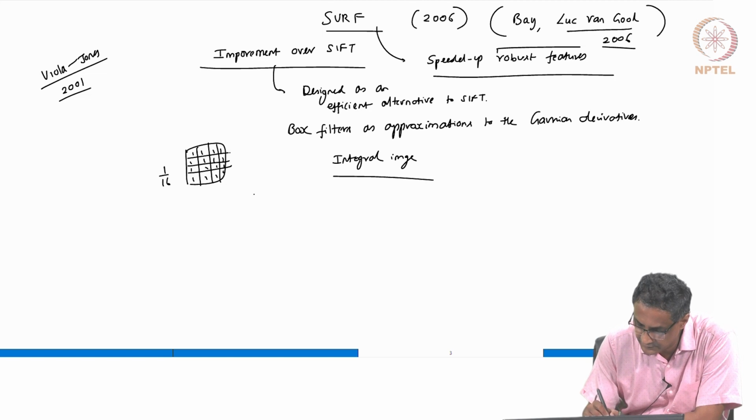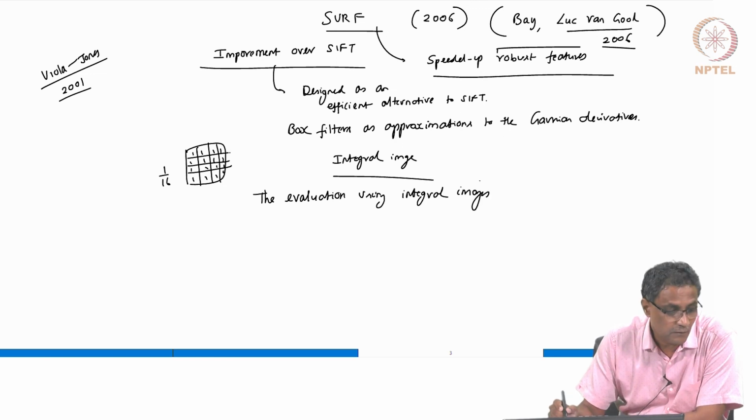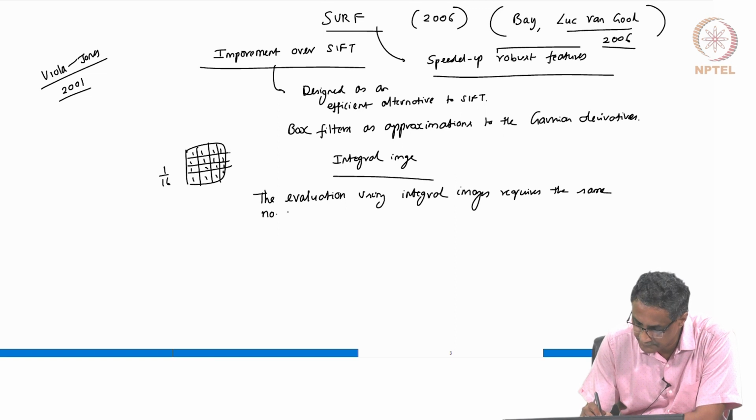So the key point is this: the evaluation using integral images requires the same number of lookups.